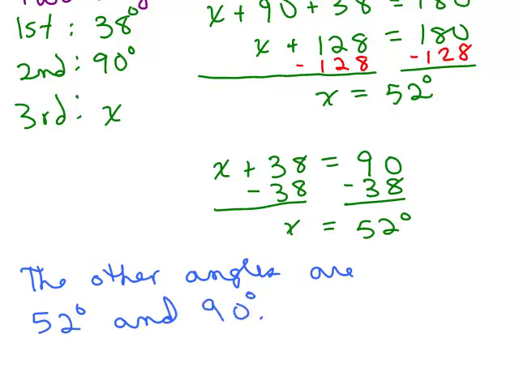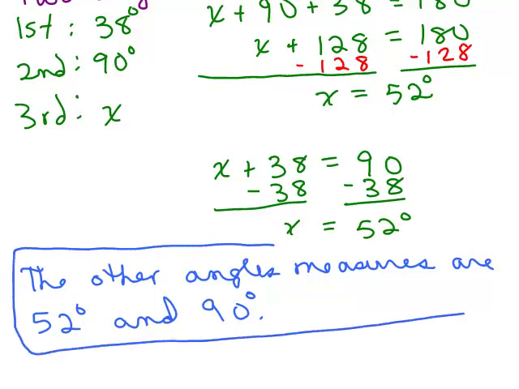And actually, I like to write the other angles' measures are. Okay, that's just a little formality. Okay, and so that's our answer. And we could do a little check to make sure that, of course, 38 plus 52 plus 90 equals 180. That's pretty simple to verify.